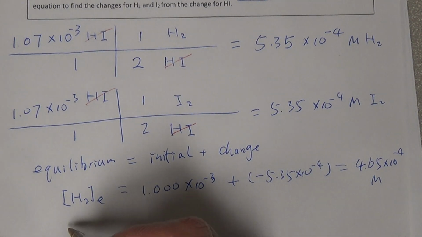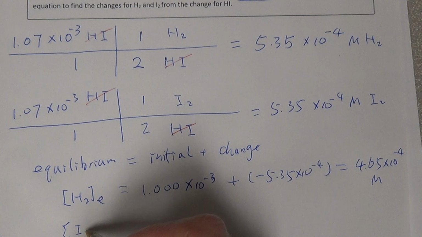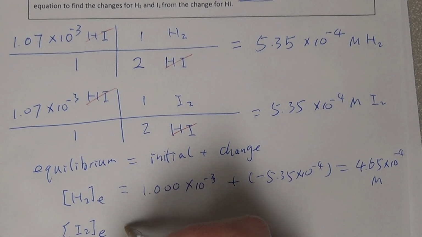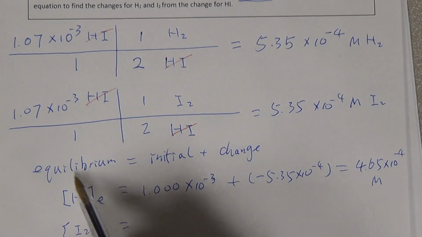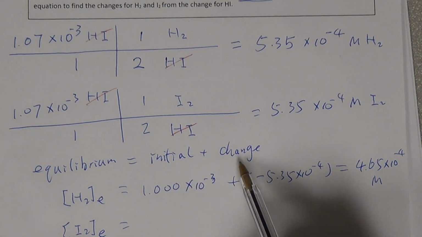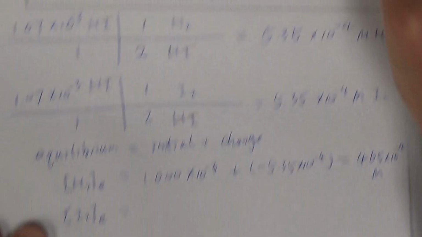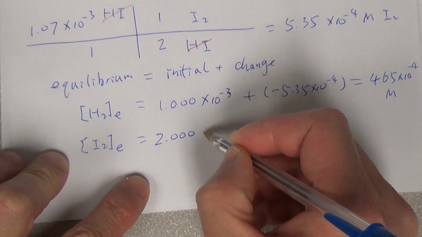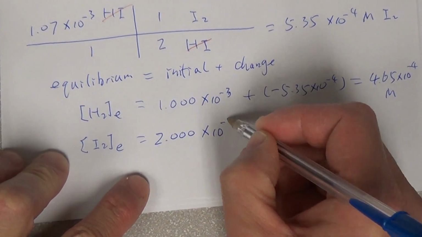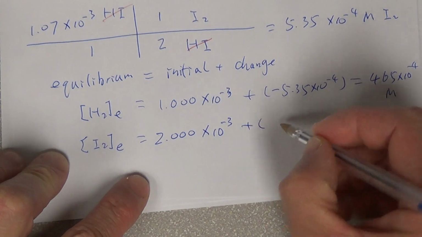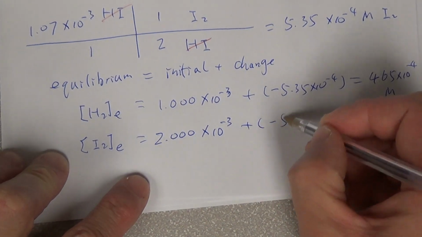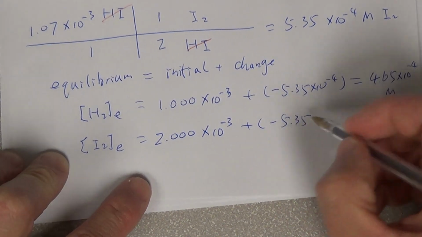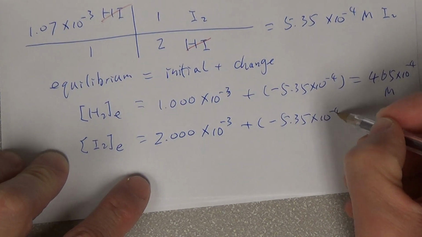Then for the change for I2, do a similar calculation. I2 at equilibrium equals initial plus change. For I2, the initial is 2.000 times 10 to the negative 3, with the same amount of change, negative 5.35 times 10 to the negative 4.